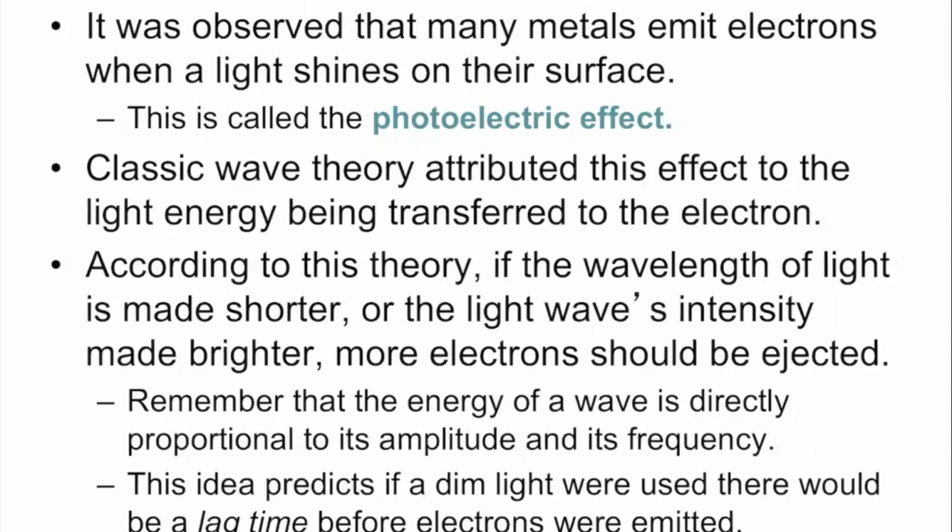The way they were able to explain this observation was that the reason why the electrons were being emitted is because of the type of light that you were shining on them.